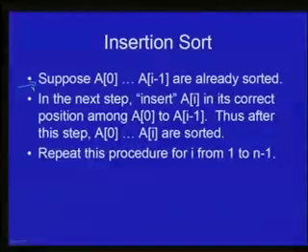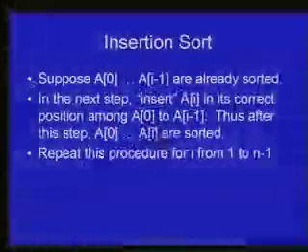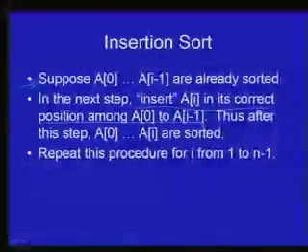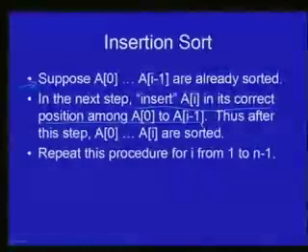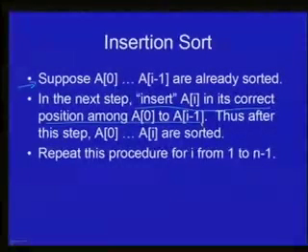So in this particular step, what we are going to do is to make sure that the size of the sorted subsequence becomes one larger. That is, at the end of this step, we'll achieve the condition that A0 to Ai are correctly sorted. So to do that, what we're going to do is to insert Ai in its correct position among A0 to A(i-1), so that after this step, A0 to Ai are correctly sorted.